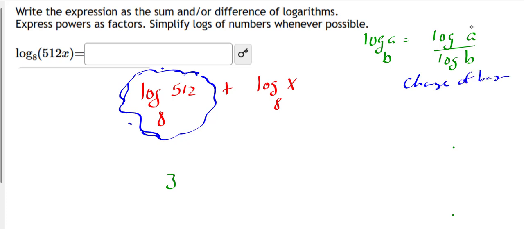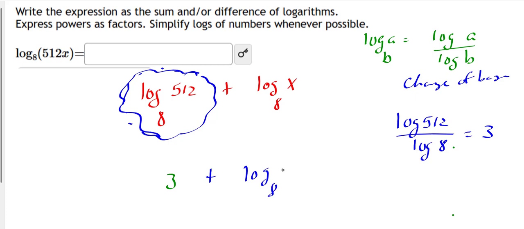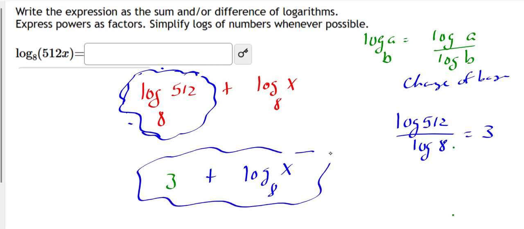So if we do that over here, we could say the log of 512 divided by the log of 8. When you do that, you get 3. So that's going to be your answer right there. So evaluate, because it said simplify logs of numbers whenever possible. Okay, so that's going to tell me, hey, I need to do this.